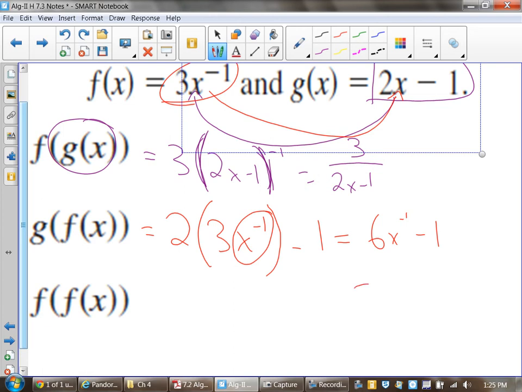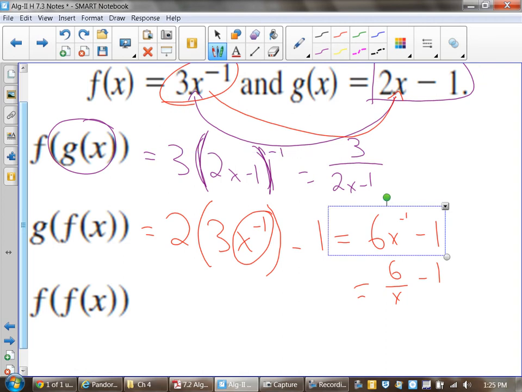Just the x. So you get 6 over x minus 1. Is that 5 over x? Does the 1 have the common denominator? The only thing that had the negative 1 power is when it was 6 times the x to the negative 1. Did the 1? You see an x there?